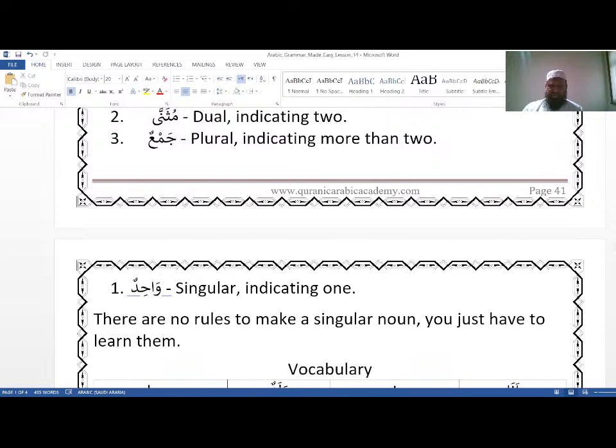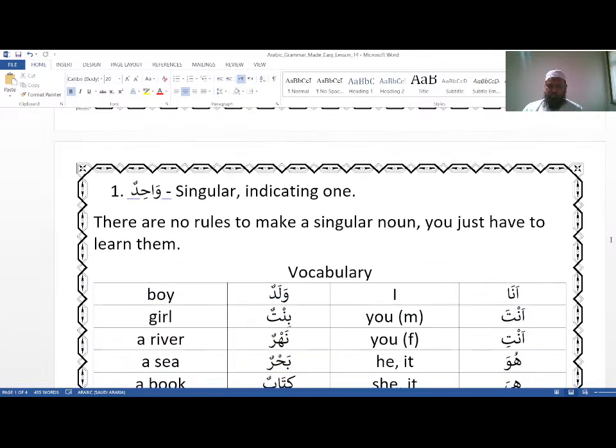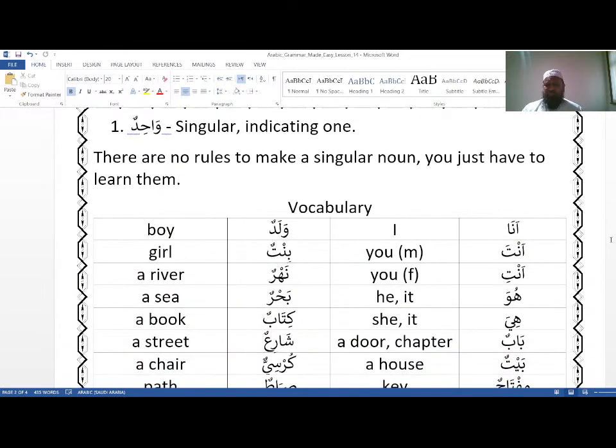So let's go through a list of words. Some of us already know them. If there are new words, we memorize them, learn them. Start with some pronouns. Ana, I. Anta, you, male. Anti, you, female.